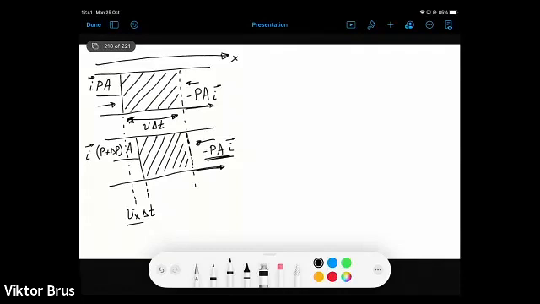Now, this external additional pressure will create some force impulse, provide some impulse on the gas element, and in return, the gas element will gain some momentum.